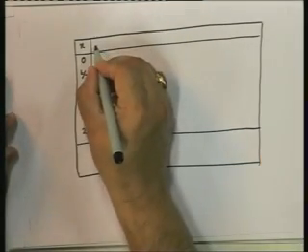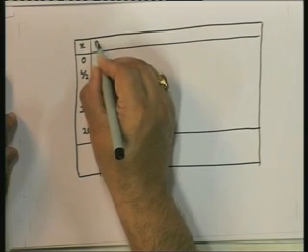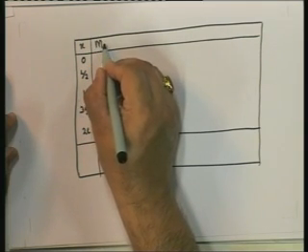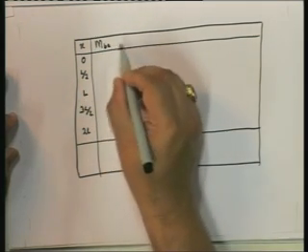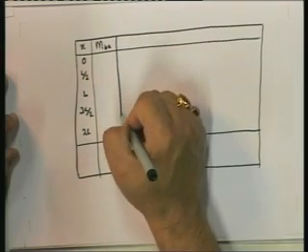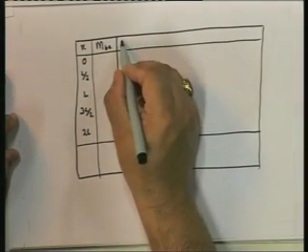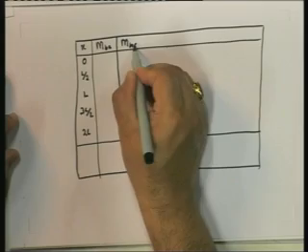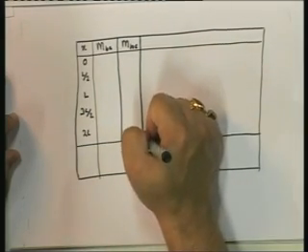The first thing that we need to find out is the fixed end moment, and I'm going to put that as MBA. Then I'm going to make the fixed end moment at BC MBC.